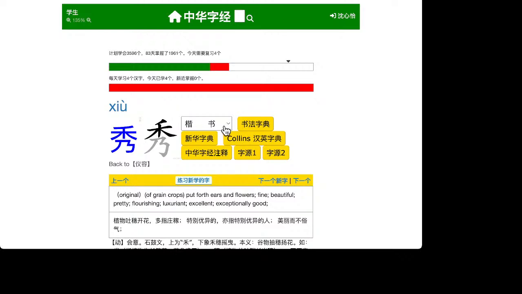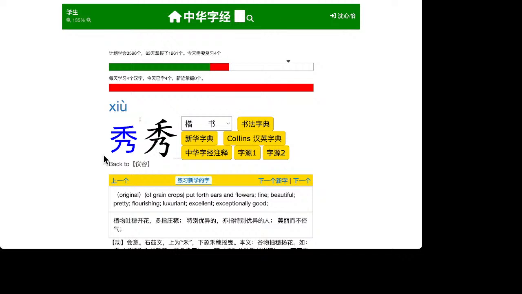Originally, you see this thing on the top. This is the same thing that you see on the left side of all the characters that refer to different types of grain. The original meaning of this character was when grain crops put forth ears and flowers. Then later it came to mean flourishing, luxuriant, excellent, exceptionally good, fine, beautiful, pretty.